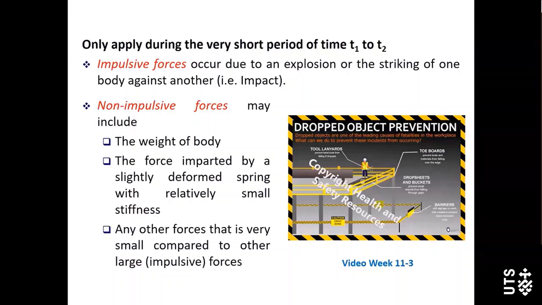Non-impulsive forces may include the weight force on a rigid body, the force imparted by a slightly deformed spring with relatively small stiffness, or any other forces that are very small compared to other large forces.